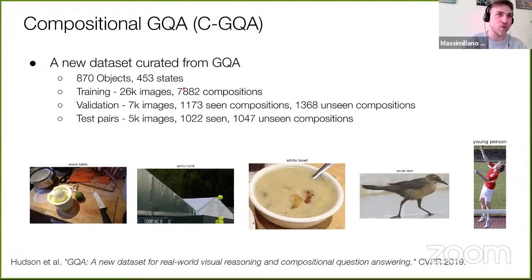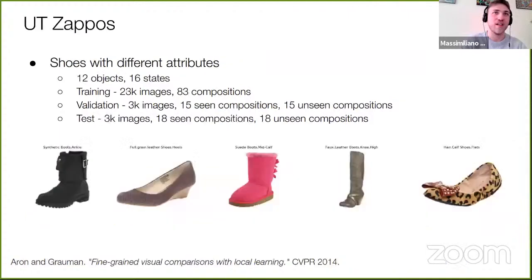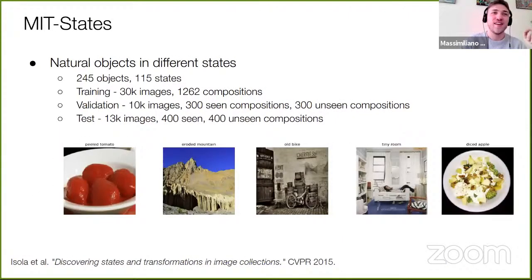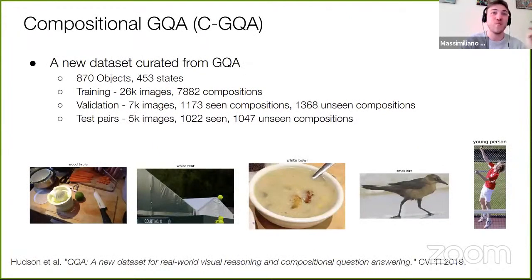We have almost 1,000 objects, while in MIT-States we had almost 250. And the same for the states. And at test time, you will see more than 1,000 unseen compositions. So it's super, super challenging. It was built using the bounding boxes and the descriptions of the GQA dataset, so it's much cleaner than just downloading images from the web based on queries.